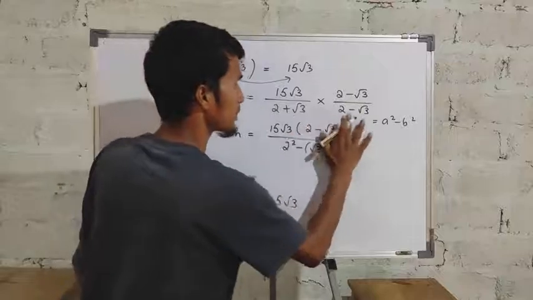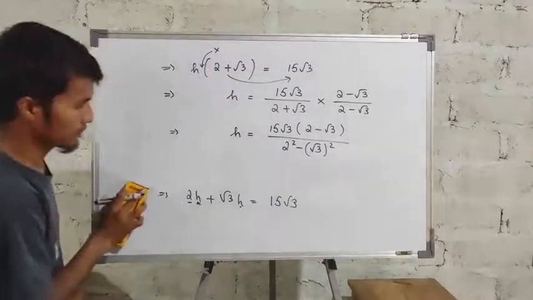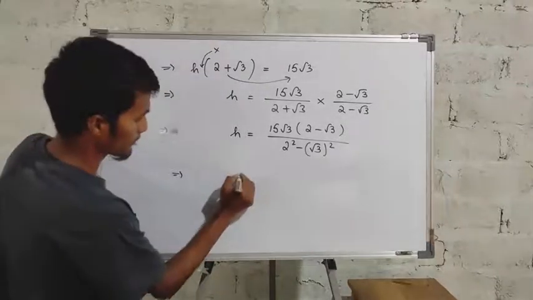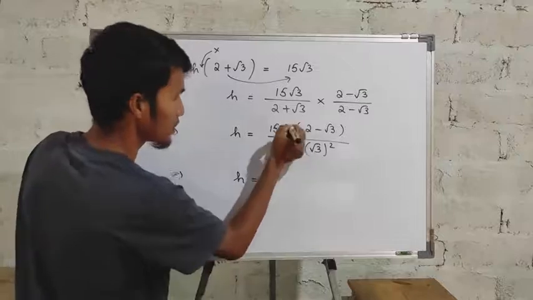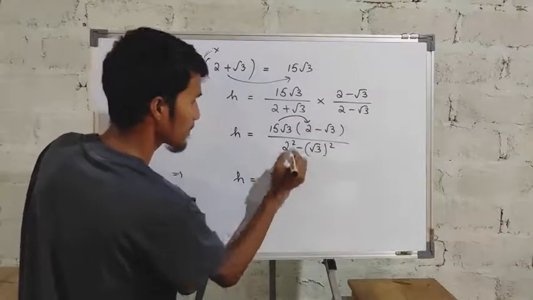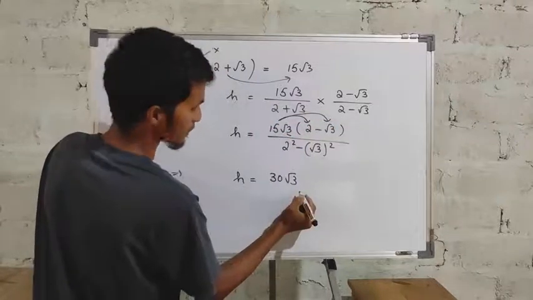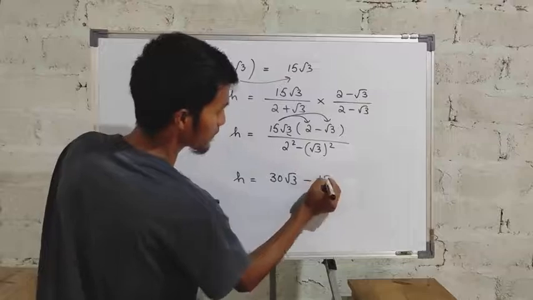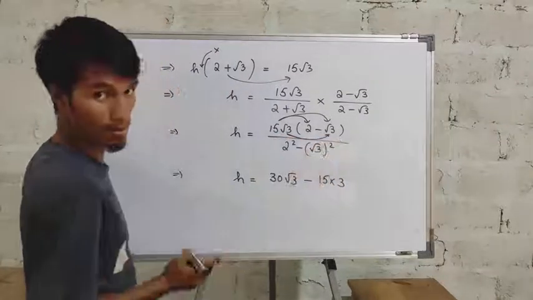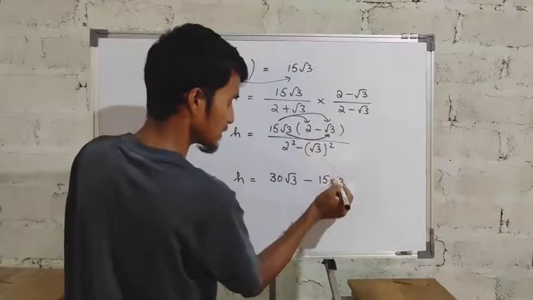Then h is equal to 15 into 2 will be 30 root 3, and 15 into root 3 and root 3, then will be 15 into 3, because root 3 into root 3 is equal to 3.